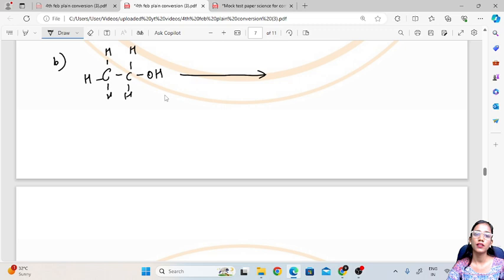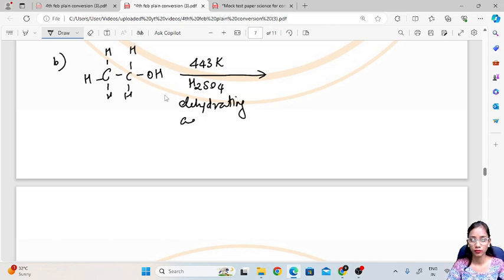When it is heated at 443 Kelvin with hot H2SO4, this acts as a dehydrating agent, and there is removal of one molecule of water. This OH is removed and this H is removed. Together they form one molecule of water.